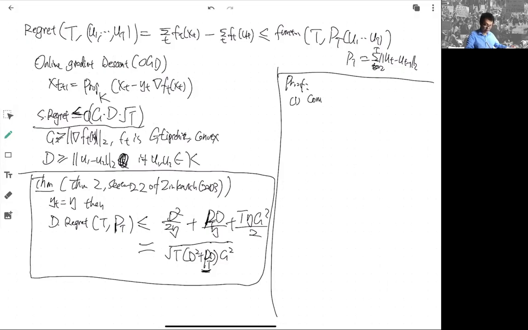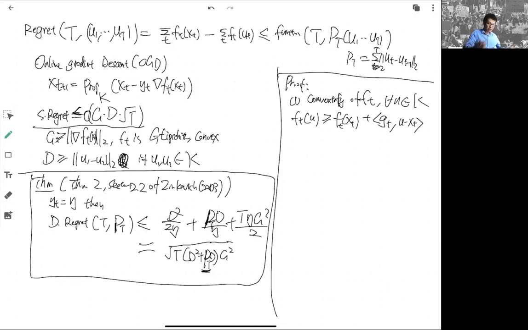By convexity of ft, and for any u in this class K, we can use the definition of convexity and get the first order condition. I'm using gt to denote the gradient of ft at xt, times u minus xt.